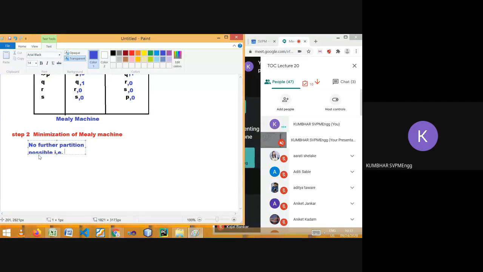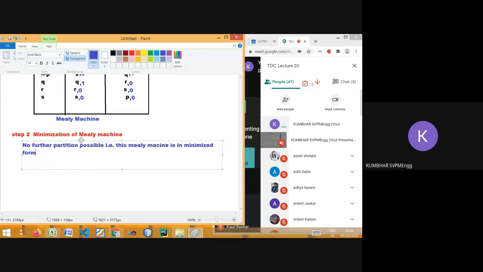This Mealy machine is in minimized form, so there is no need to do the minimization at this stage. You will definitely be lucky if in the exam you find that there is no need for further partition.